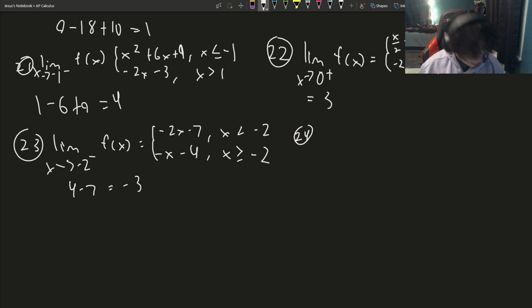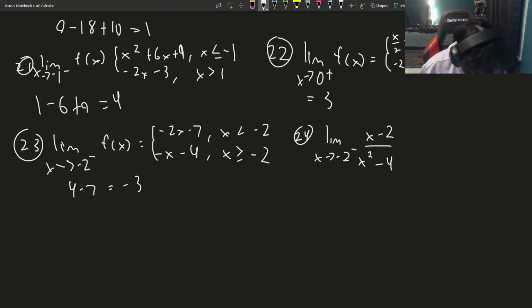24 is the limit as x approaches negative 2 from the left of x minus 2 over x squared minus 4. We can factor this. There's a difference of squares.